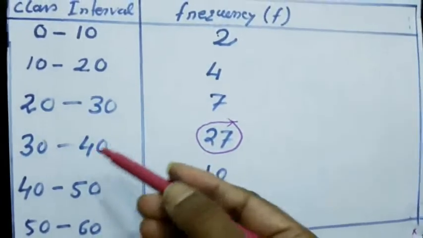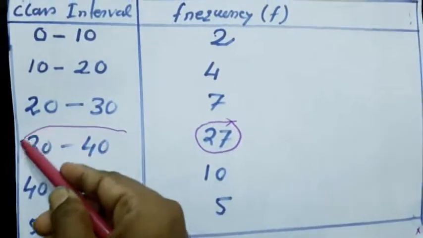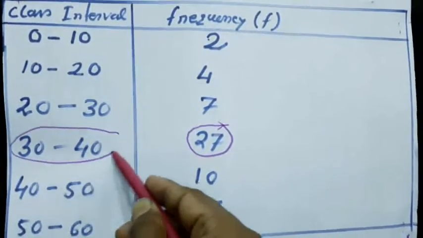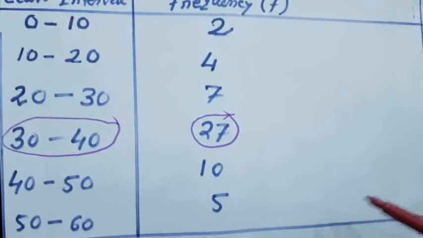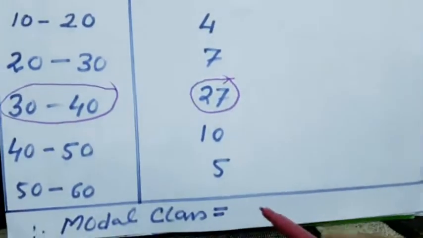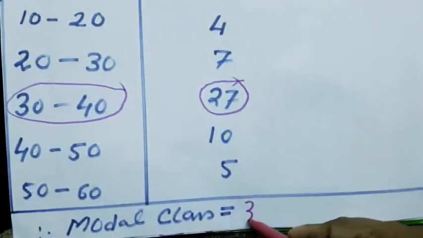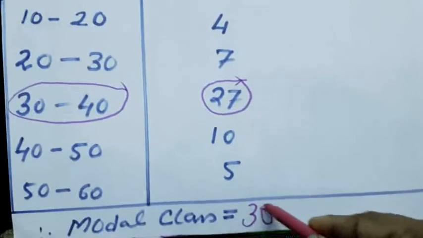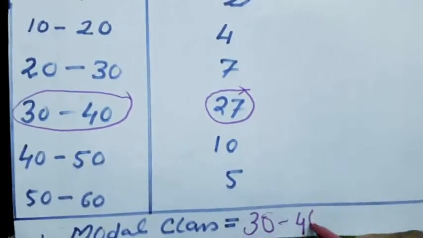Understand? It means this is the modal class. So what is the modal class? 30 to 40 is the modal class.